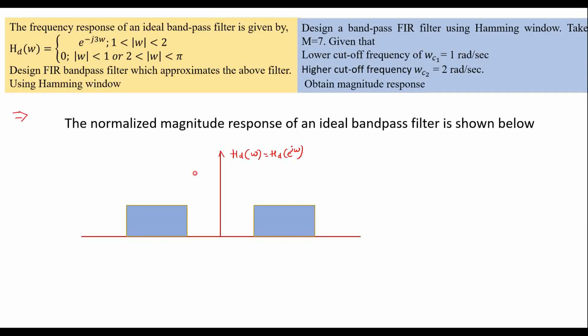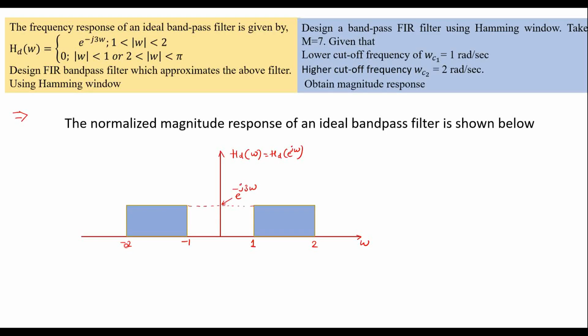Here we can see that the value is e power minus j3 omega when omega is in between 1 and 2. This is 1 and 2 on the omega axis, and here it is minus 1 and minus 2.